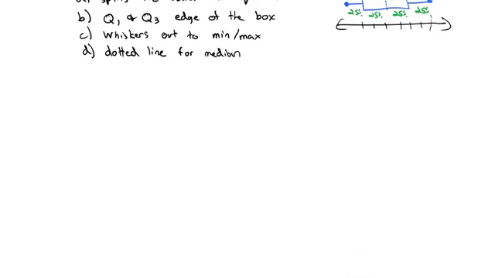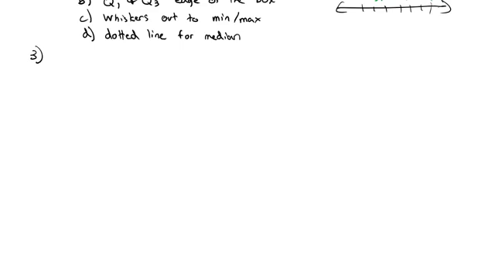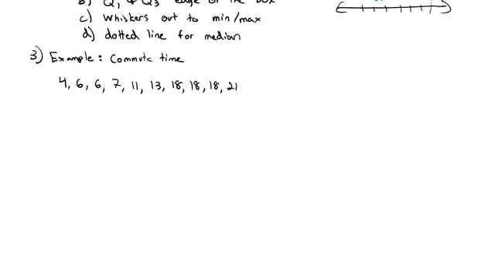Let's see if we can make a box plot. Going back to our example with the commute time, that list of numbers again for us was 4, 6, 6, 7, 11, 13, 18, 18, 18, 21, 24, 26, 27, 35, 36, 36, 42, 43, 45, and 49.